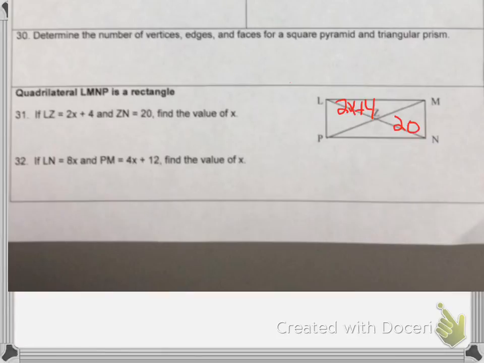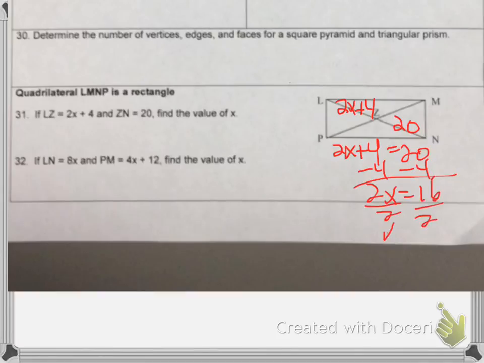Remember that the diagonals of any type of parallelogram, or in this case a rectangle, bisect each other. So really simple problem here. 2x plus 4 equals 20. Minus 4, 2x equals 16, divided by 2, x equals 8. So x equals 8 for that one.